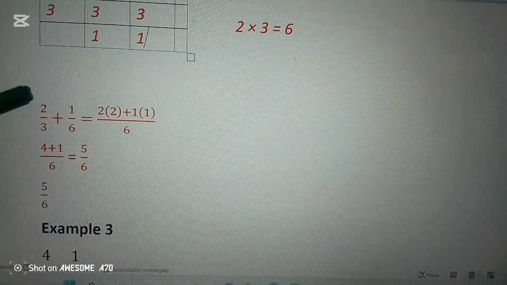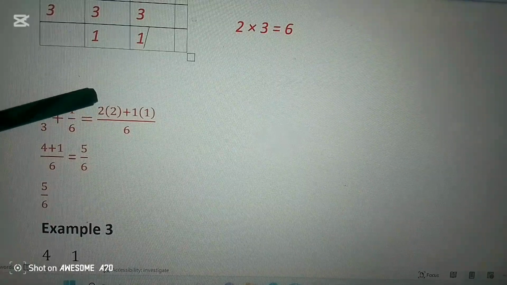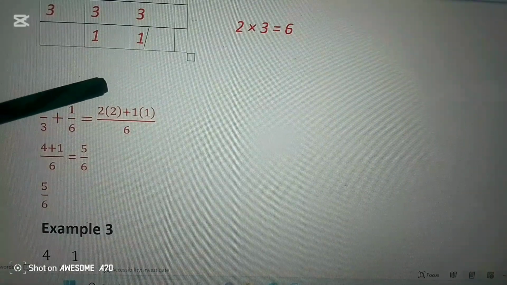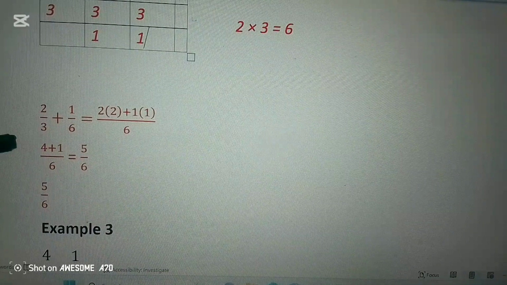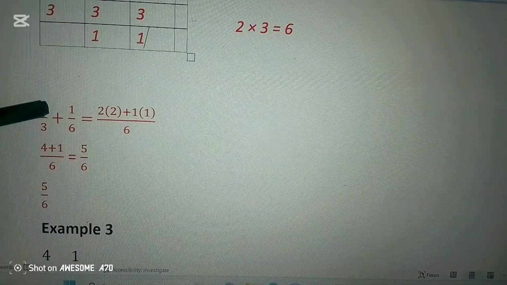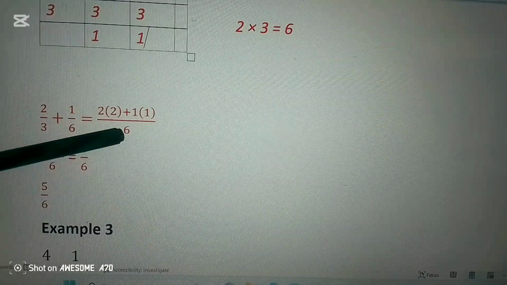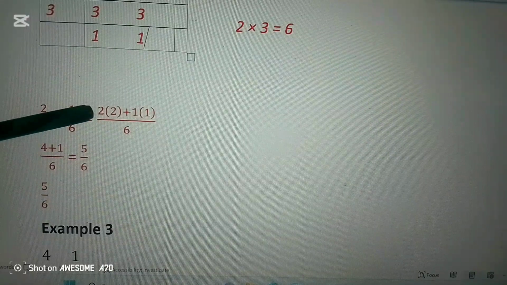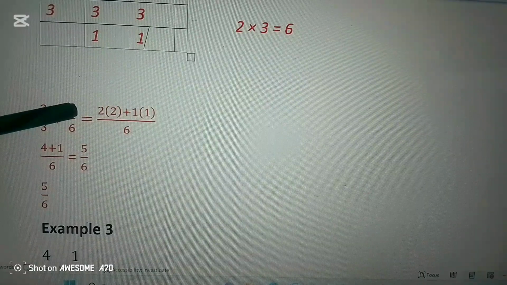Then we multiply 2 by the numerator, which is the other 2. So 2 times 2 is 4, plus 6 divided by 6, which is 1, times 1.